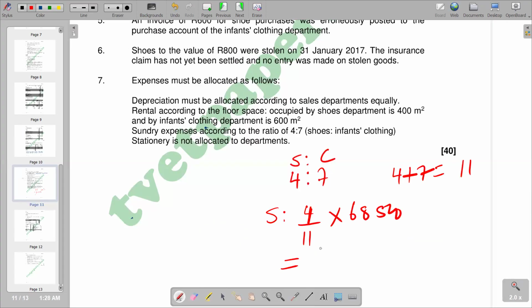And then the figure that you're going to get is going to be 43,591. So we also calculate for our clothing, whereby we are saying 7.